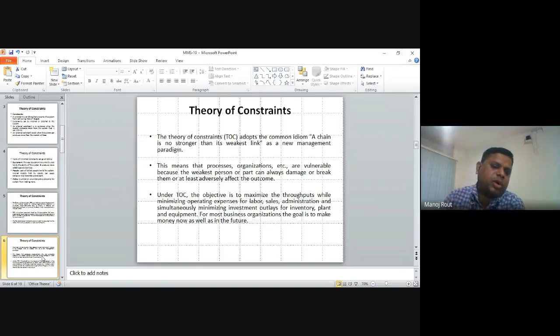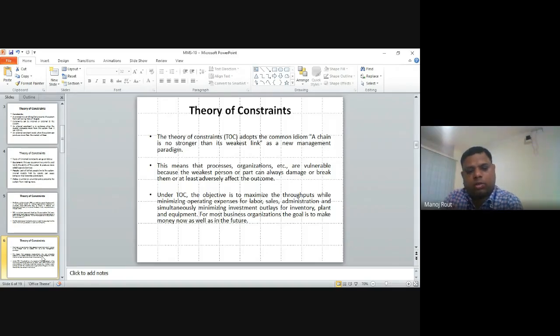Under the theory of constraints, the objective is to maximize throughput while minimizing the operating expense for labor, sales and administration, and simultaneously minimize the investment outlay on inventory, plant and equipment.